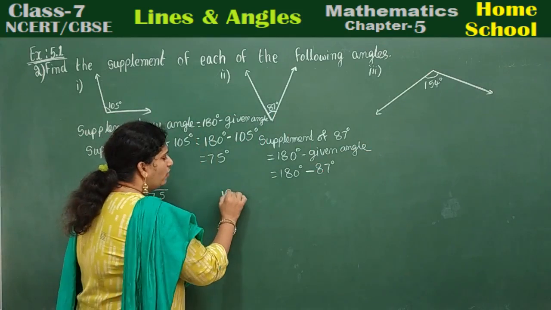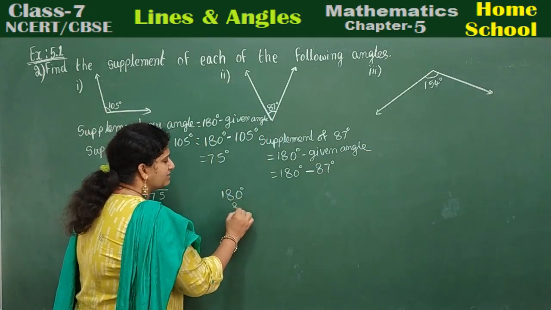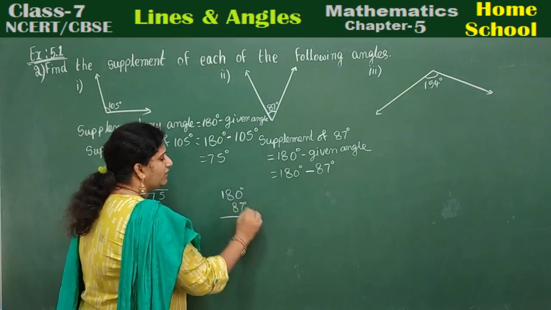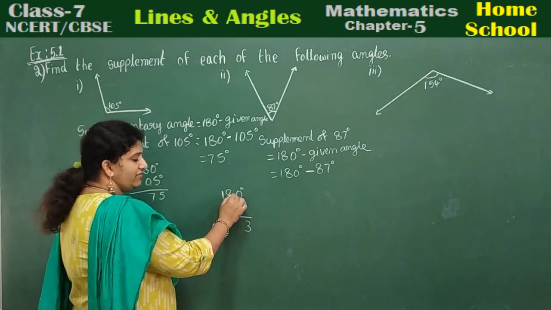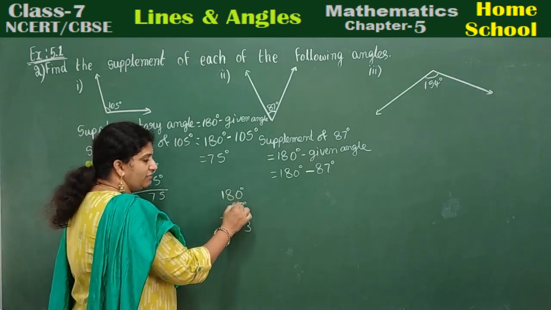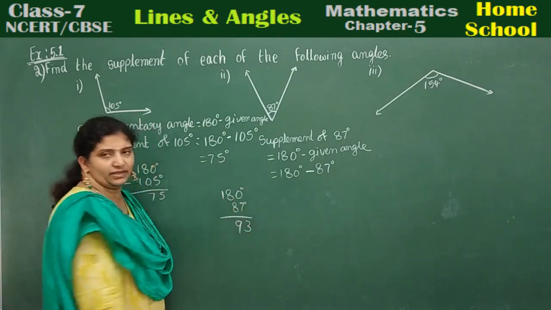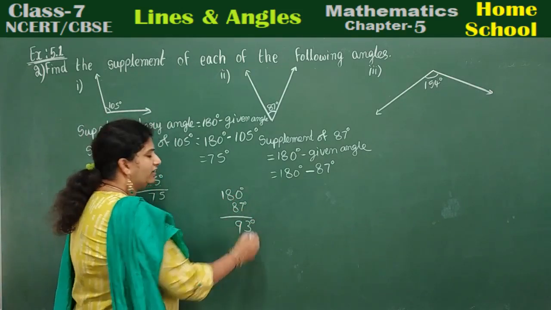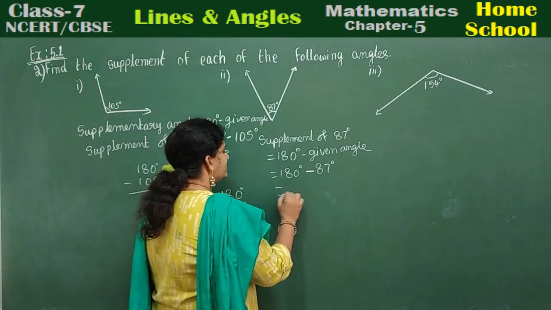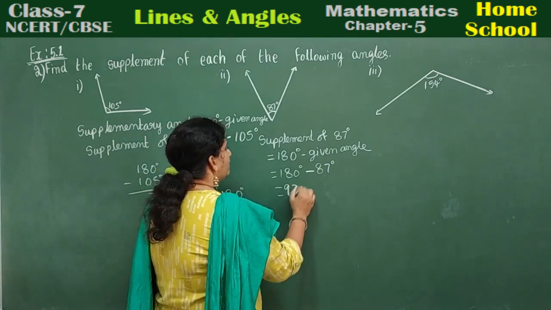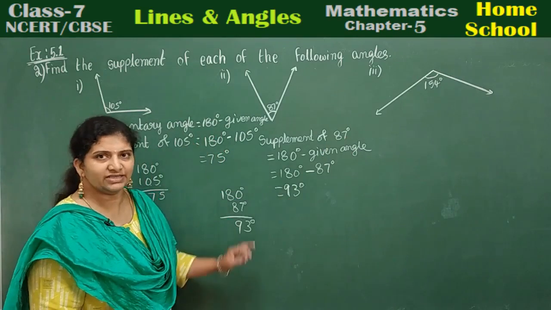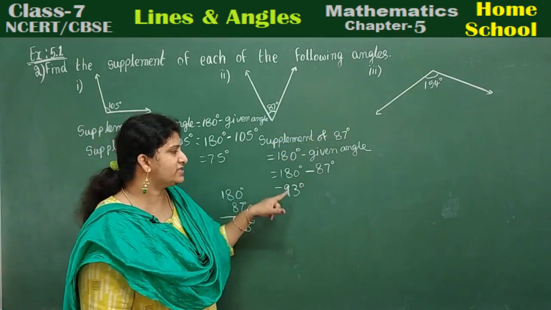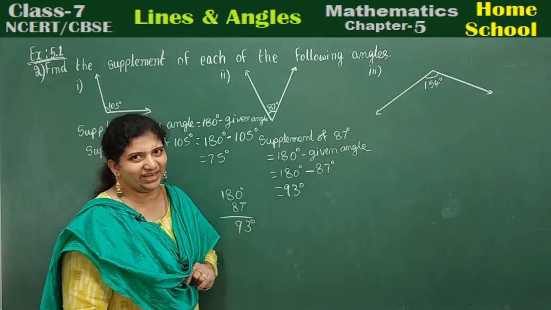Subtract now. 10 minus 7 will be 3. 7 will be there. 17 minus 8 will be 9. 93 degree. Therefore, supplement of 87 degree is 93 degree is your answer. If you add these two, children, your sum will be 180.